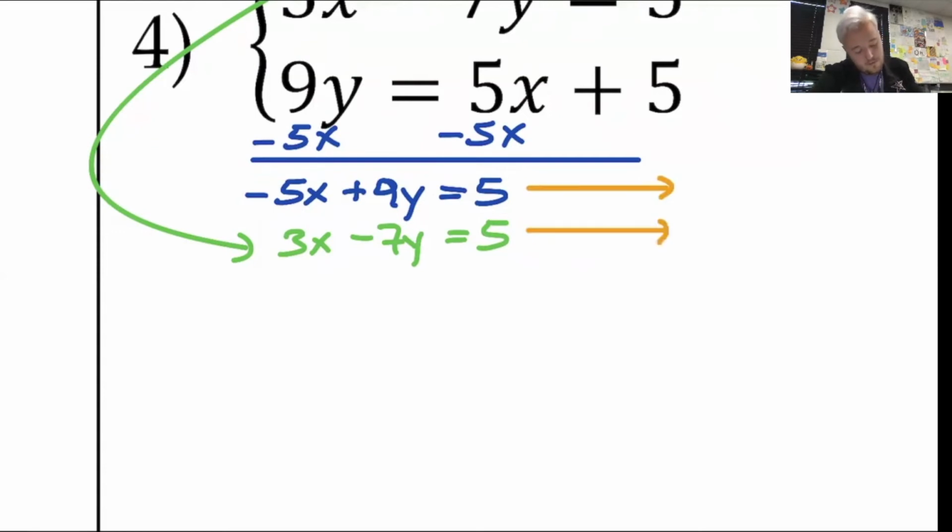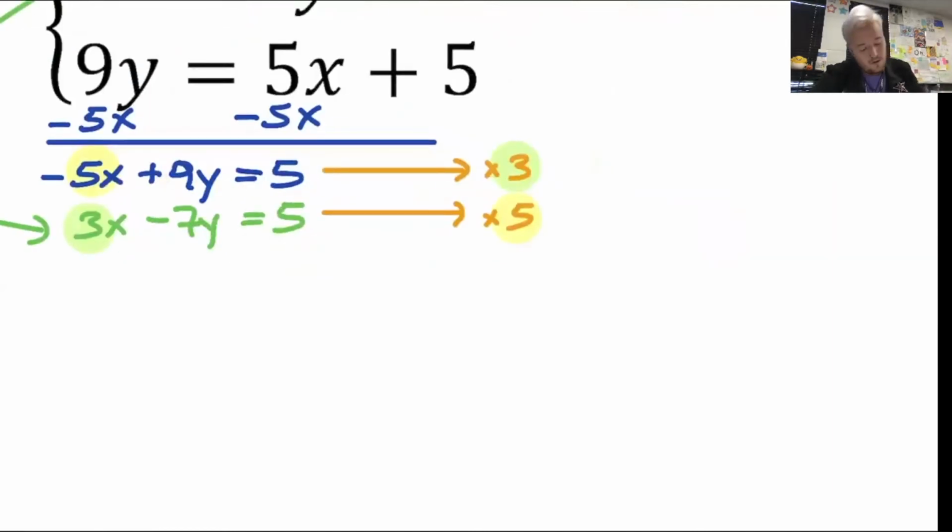So this top equation, multiply by 3. Bottom equation, multiply by 5. So I'm getting those values from the other equation, just so you can see where I'm getting the 3 and 5 from.